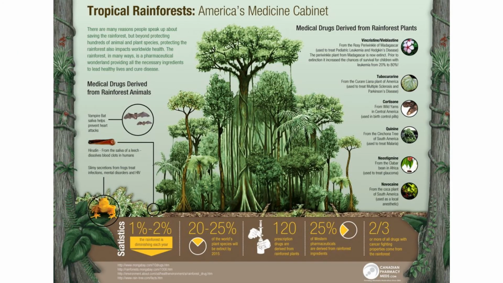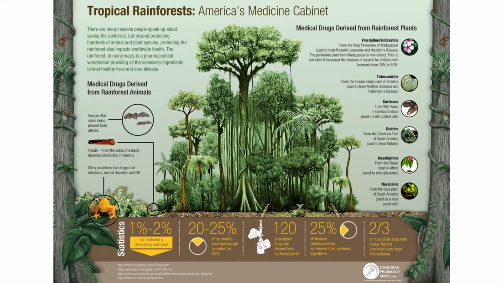This is just taken from that website. So this is amazing, really. So many of our drugs that are so important for really horrible illnesses such as cancer, leukemias, malaria, glaucoma, which causes blindness, nearly all of these medicines come from rainforests, and there's so many that haven't been discovered.